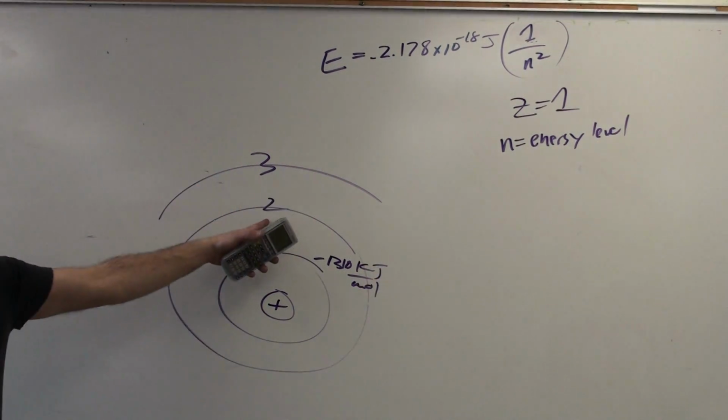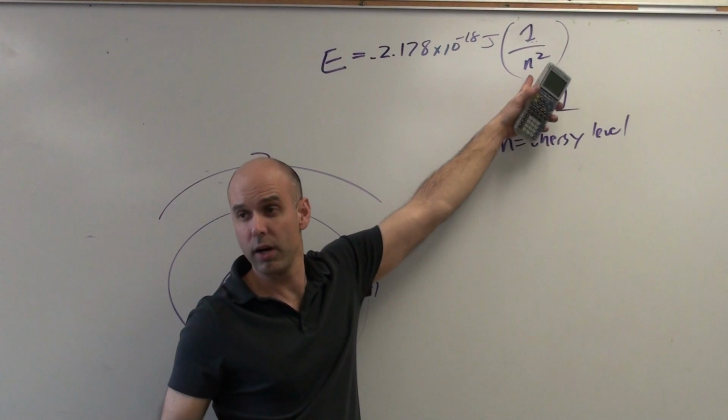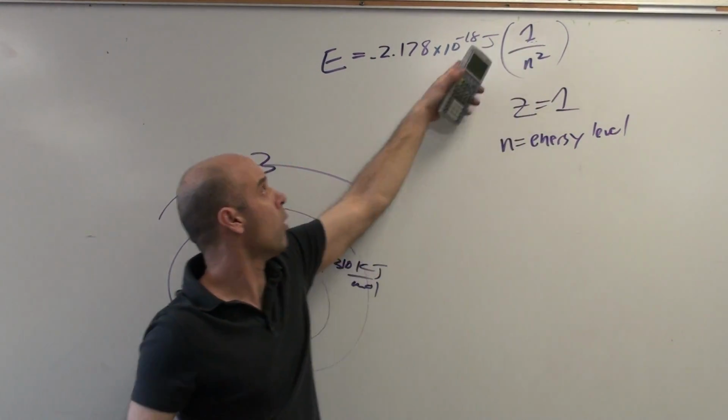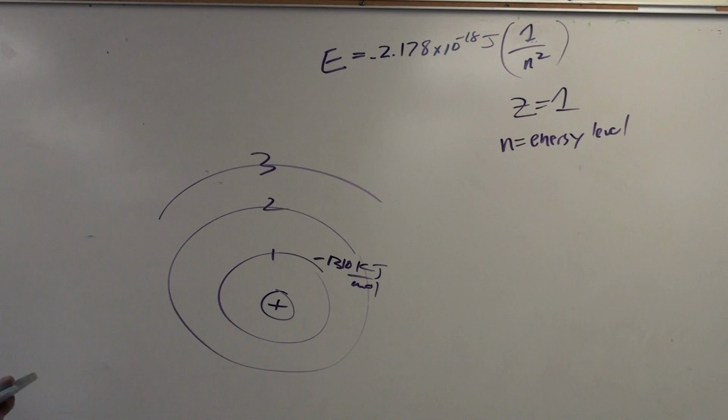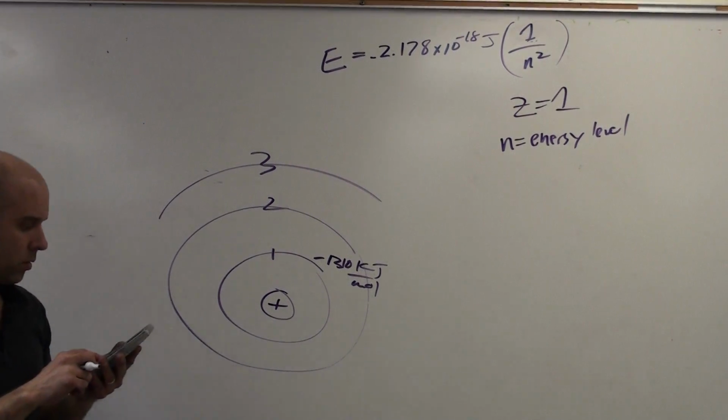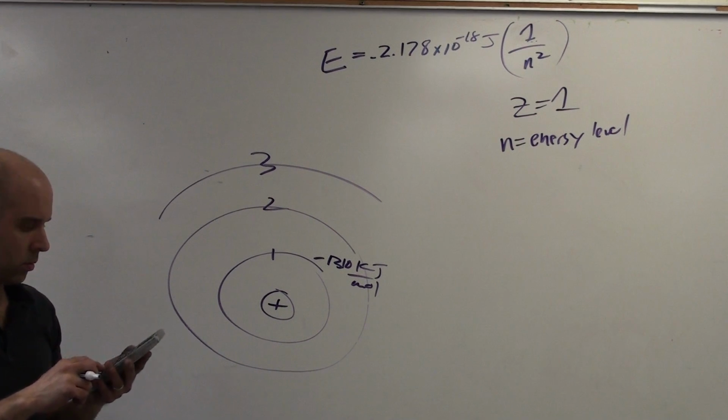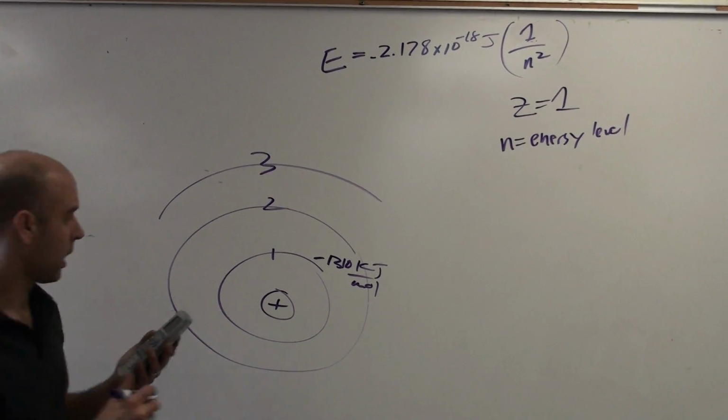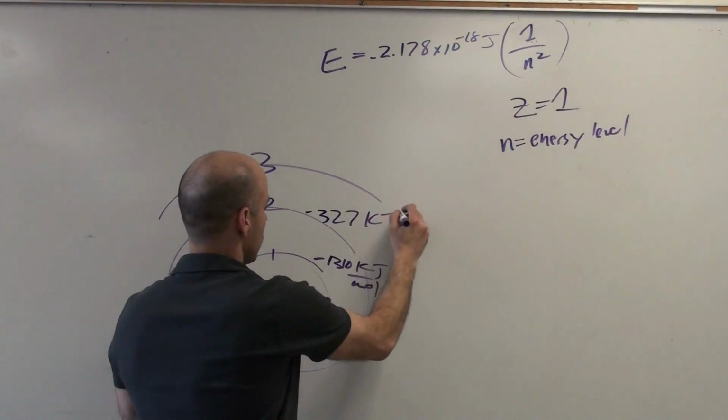For the second energy level, I plug 2 in there, 2 squared is 4, so 1/4 of that times Avogadro's number. I get negative 327 kilojoules per mole.